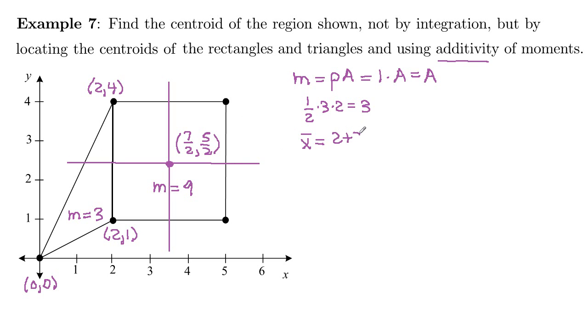So 2 plus 2 plus 0 over 3 is 4/3. And then the y coordinate of the centroid, average the y coordinates, 4, 1, and 0. 4 plus 1 plus 0 over 3 is 5/3. So 4/3, 5/3. So 1 1/3, 1 2/3, about right here.